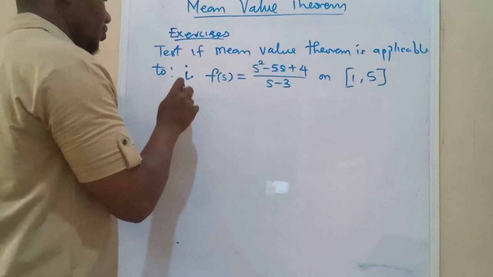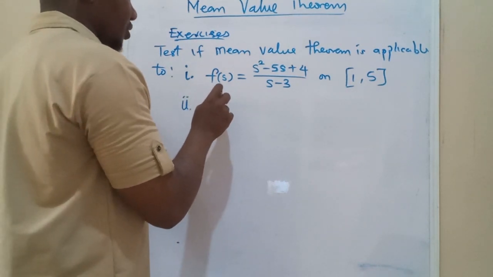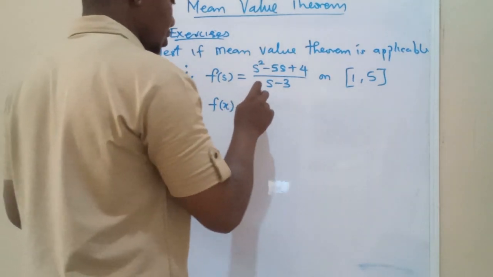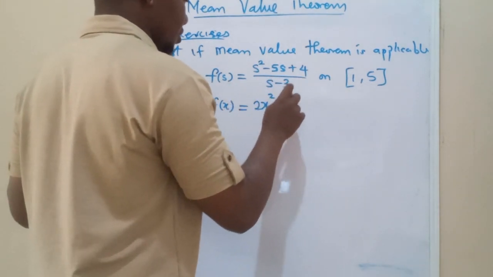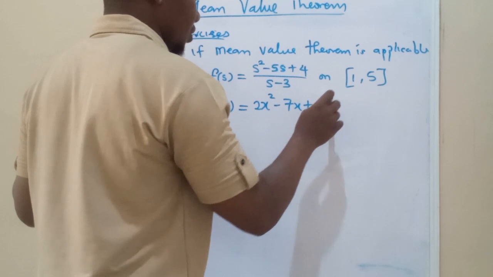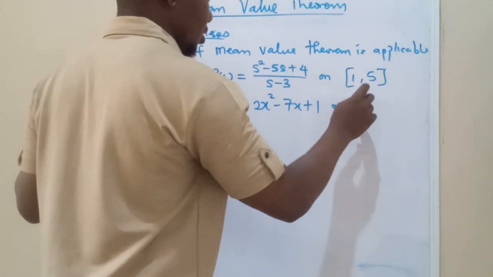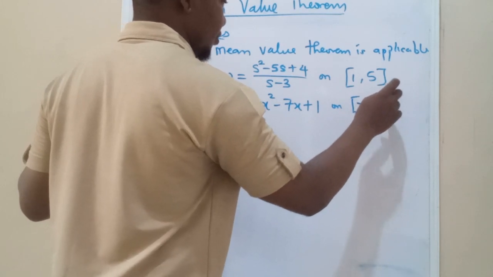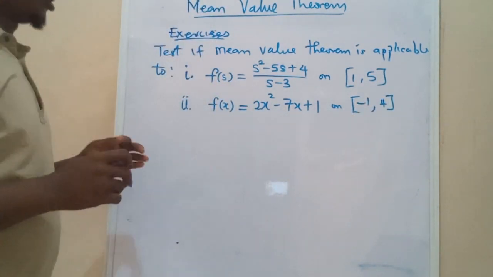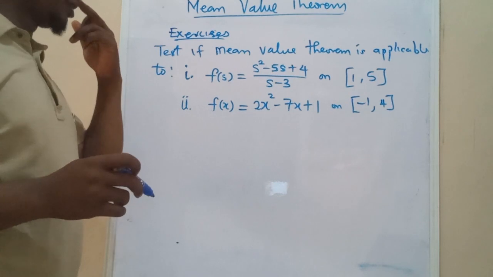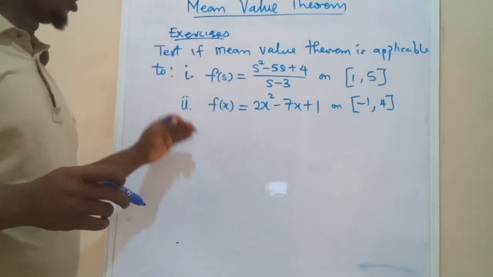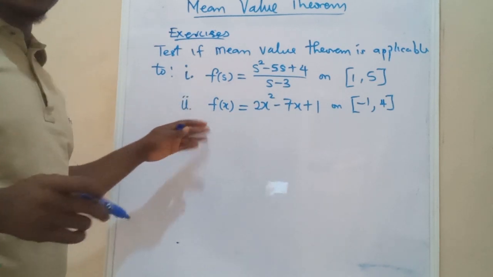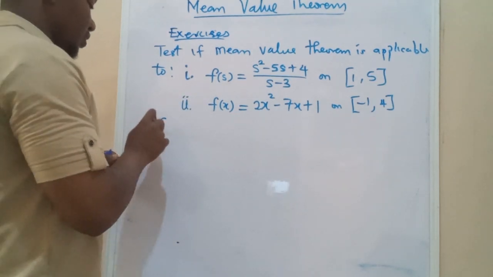And secondly, I want to see whether f of x equal to 2x squared minus 7x plus 1 on negative 1 to 4. So I want to test if the mean value theorem is applicable to these two functions.